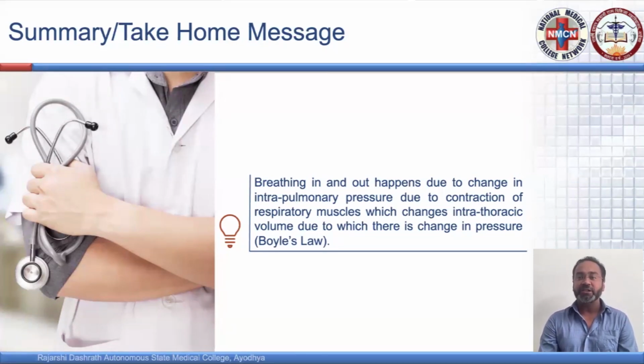Because of the change in intrathoracic volume, pressure changes, because of a physiological principle, Boyle's law, which states that pressure times volume remains constant. Because of the change in volume, pressure changes, and because of this change in pressure, air moves in or out, which is called breathing in or breathing out, inspiration and expiration.